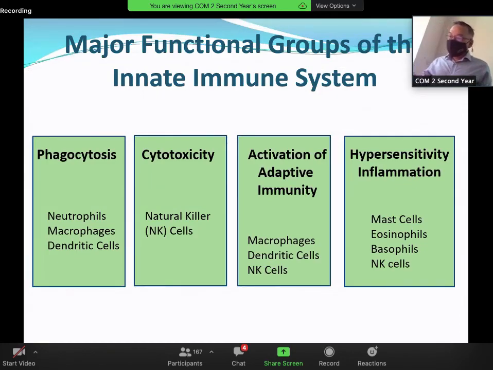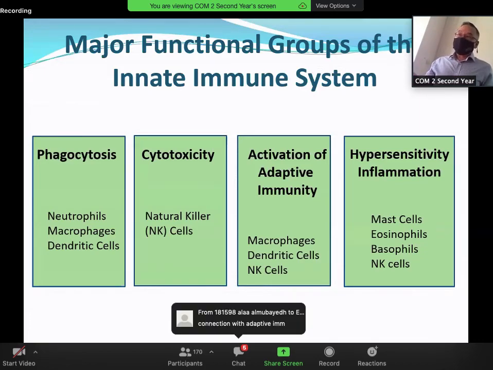Cytotoxicity is obvious. Activation of adaptive immunity is brought about through the production of cytokines, these protein messengers, which you'll learn about in another lecture, but also in the expression of particular receptors, which are then taken up by lymphocytes and other cells.